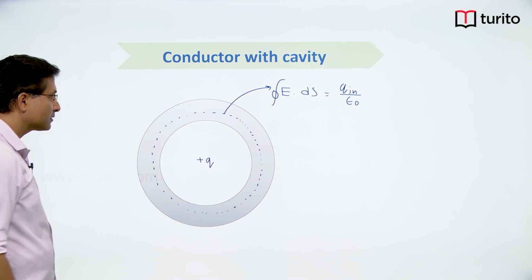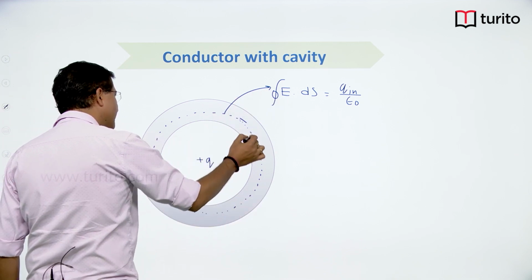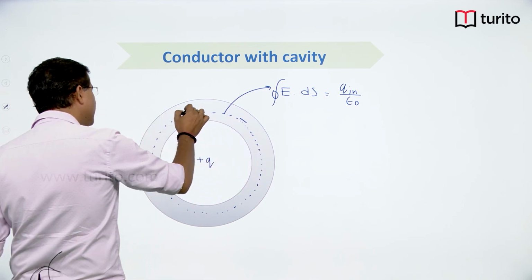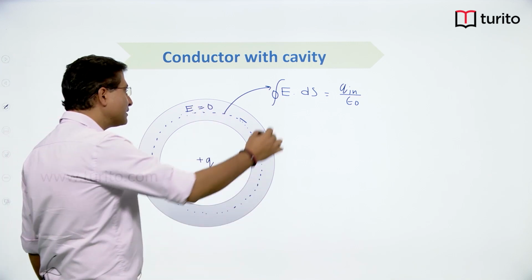But the problem here is on the conductor field has to be 0 everywhere. So, here everywhere field has to be 0, our first point. So, as here field is 0, this side term is coming 0.